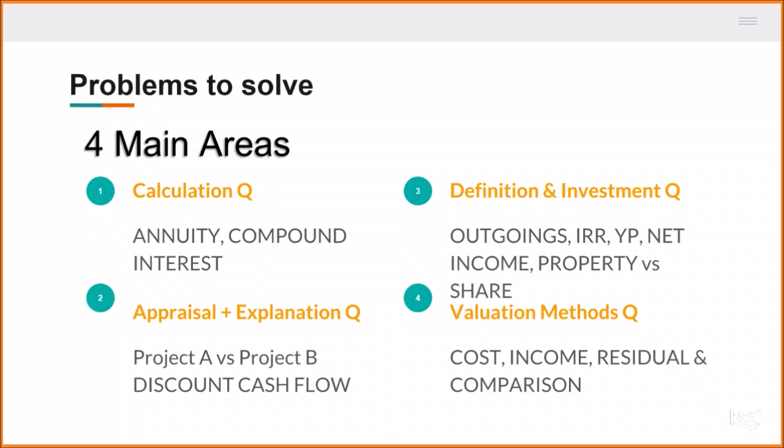The majority of the questions are on investment and calculation mathematics, rather than all about valuation methods, which would be a core, higher-level valuation paper. The valuation methods touched on are the cost method, income method, residual method, and comparison method. So we move on.